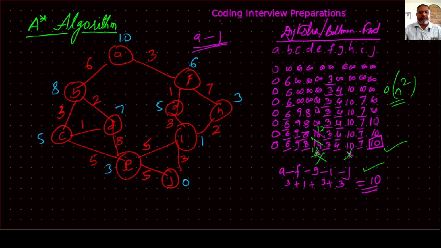On the other side we have A star, which is an intelligent algorithm.